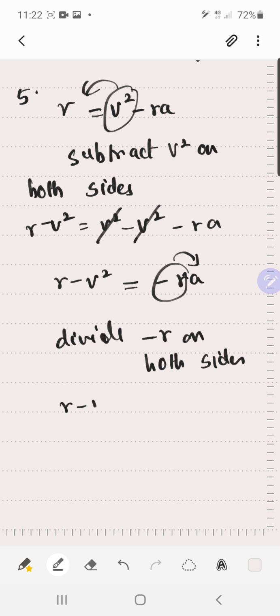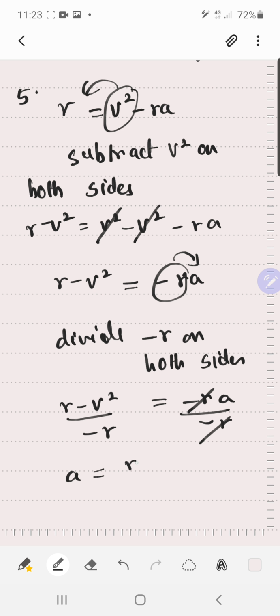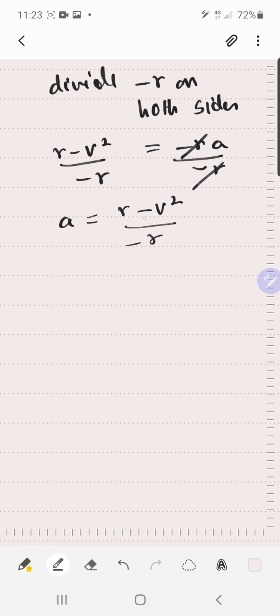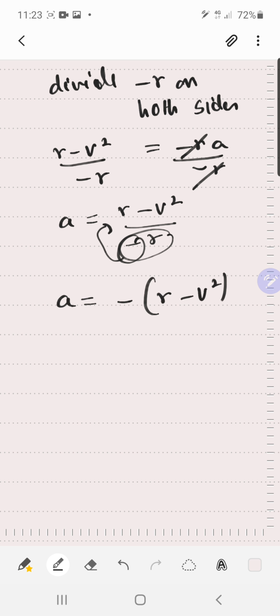So it will be R minus V square upon minus R is equal to minus R of A upon minus R. So this is eliminated and you got A as your answer. A as a subject. And as I said, you cannot keep your negativity in your denominator. So you have to shift this negative sign up and it will be something like this. And you can also open the bracket changing the inside sign. So you got the value of A.